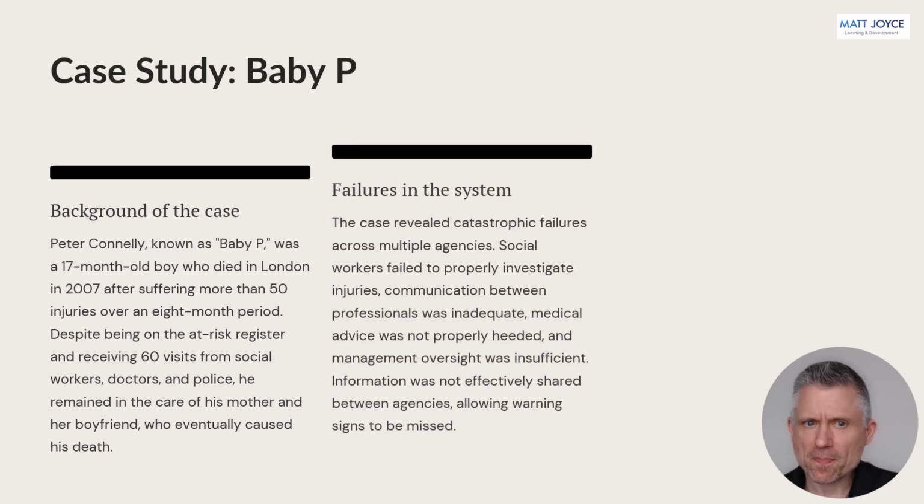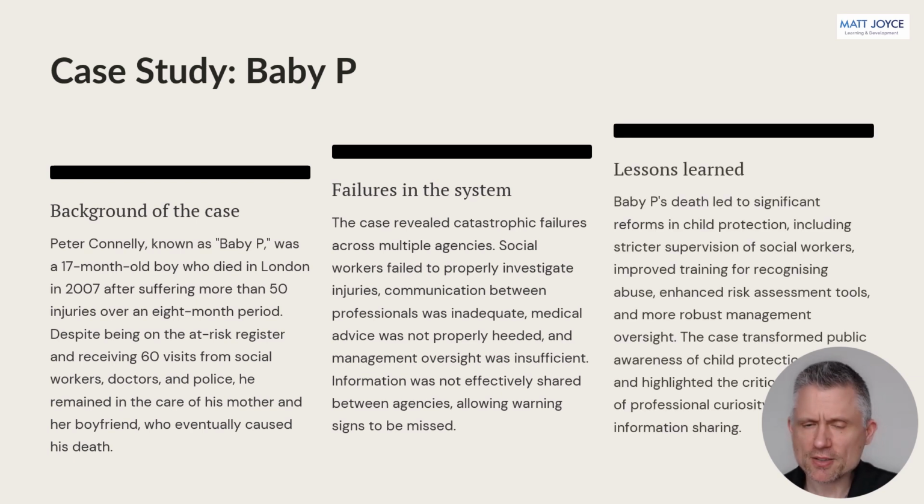Failures in the system. The case revealed catastrophic failures across multiple agencies. Social workers failed to properly investigate injuries, communication between professionals was inadequate, medical advice was not properly heeded, and management oversight was insufficient. Information was not effectively shared between agencies, allowing warning signs to be missed. Lessons learned.